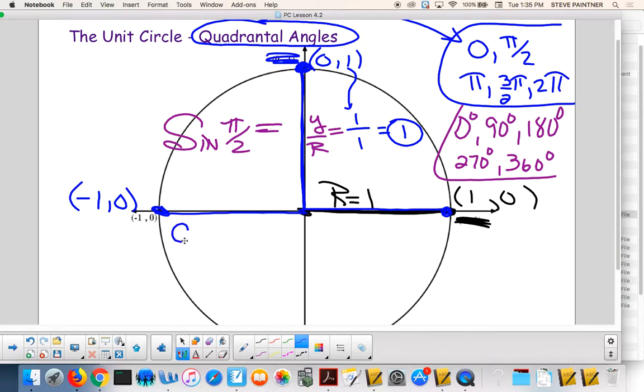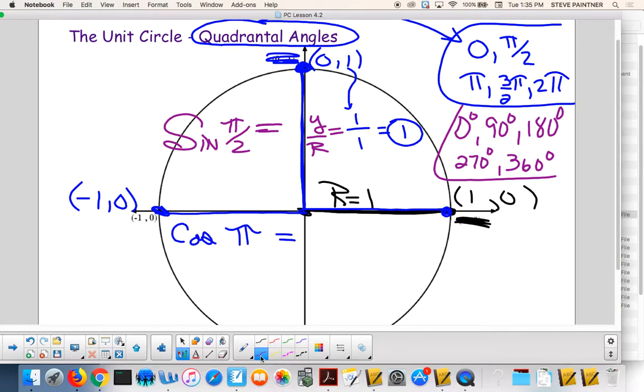Okay, do this. Cosine of pi equals what? Hold your answer. Just think about it and hold it for 10 seconds. Okay, Eddie, tell me how to get the answer. Don't say the answer, just tell me how to get it.